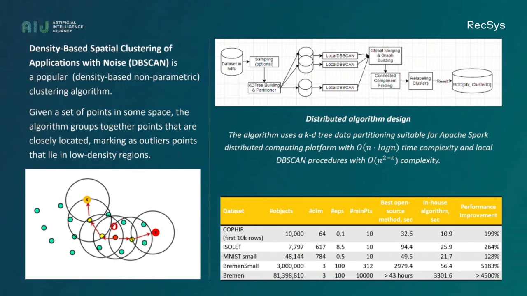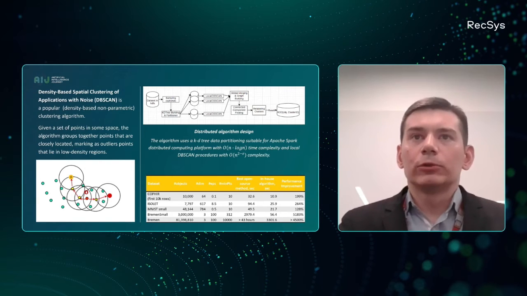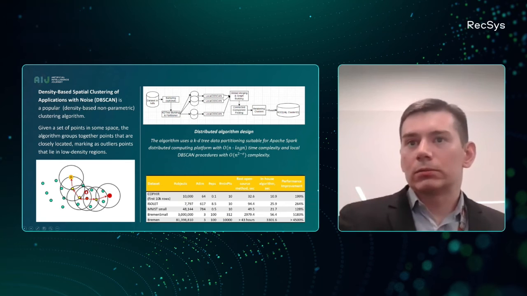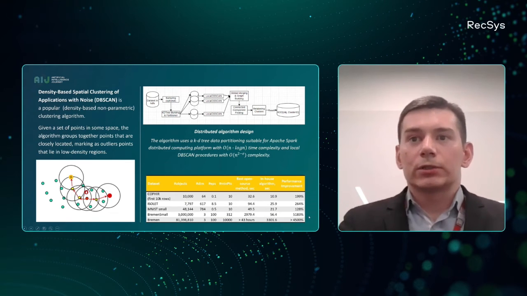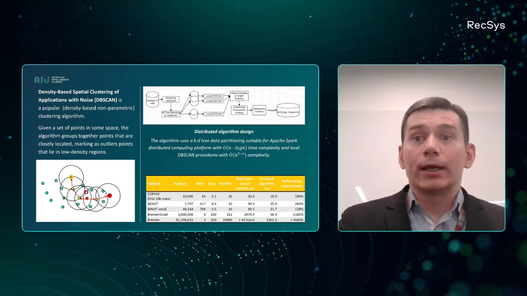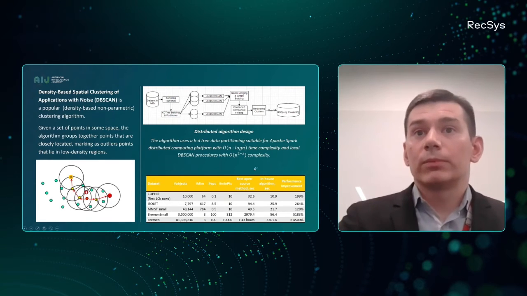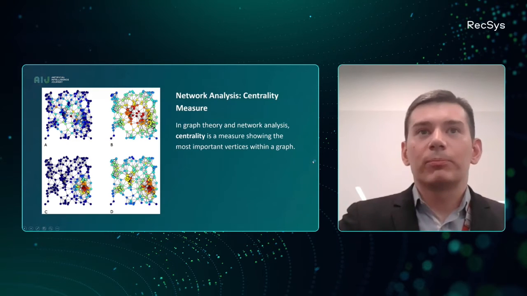We came up with a solution that uses Z-order codes, tree codes for clustering in low density regions, and then uses local DBSCAN, where we had taken the distributed algorithm design on one machine in parallel, and this combination turned out to be the most optimal, providing 50-fold acceleration on some data sets. The larger the data set, the more gain we saw benchmarked against the best open source solutions.